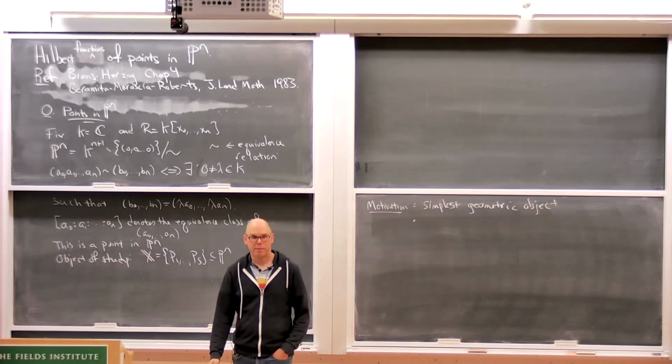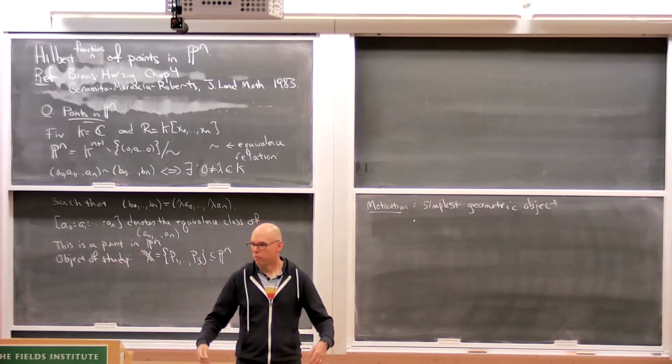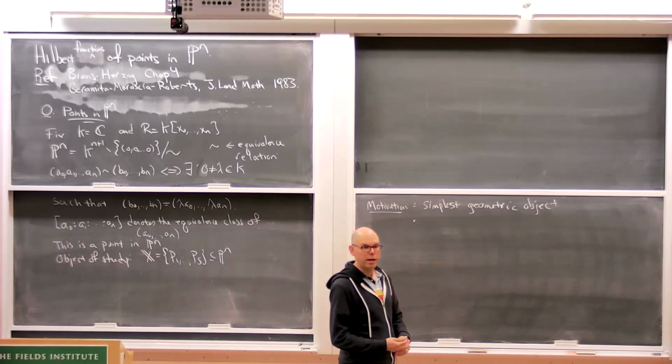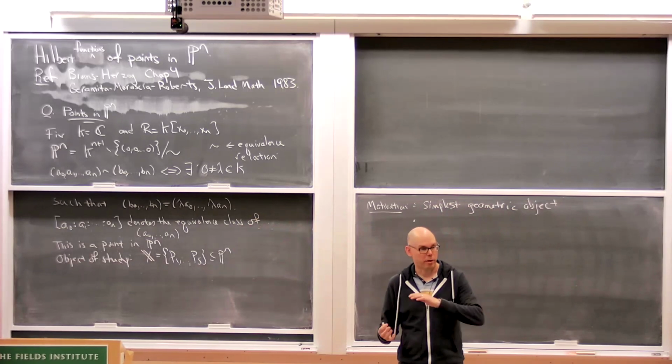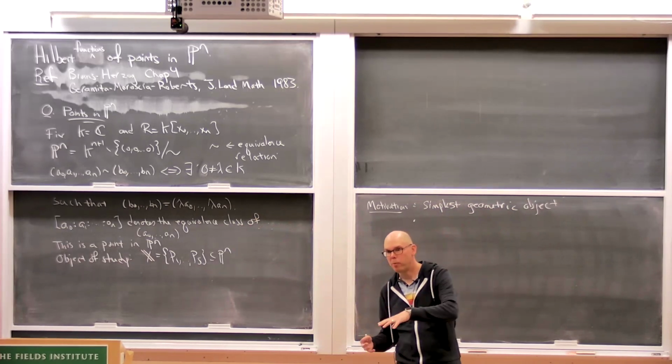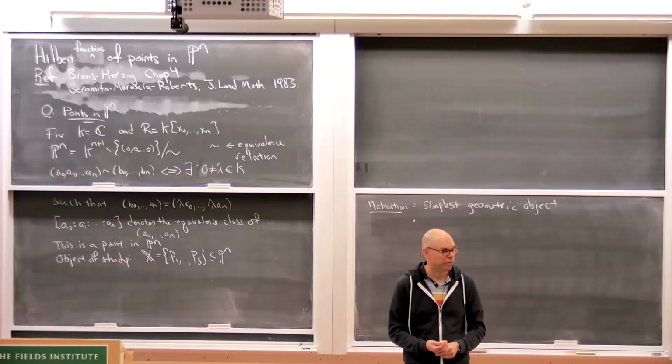Another reason is sometimes that you may be studying more complicated geometric things, and you can cut it with a hyperplane or hypersurface, and you can get a collection of points. And somehow those points will tell you something about your original variety.